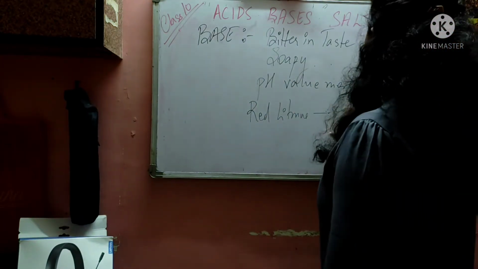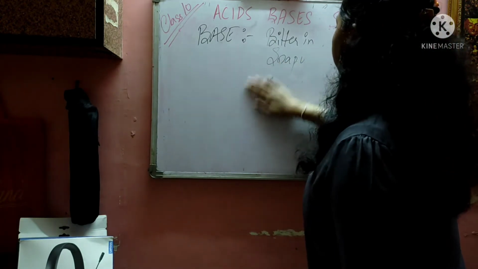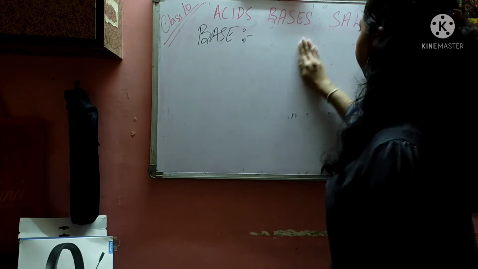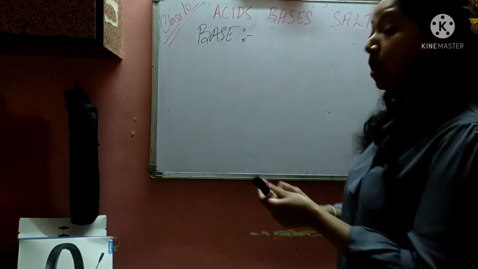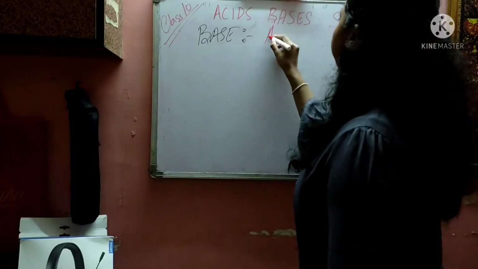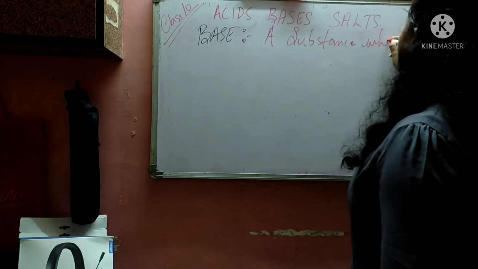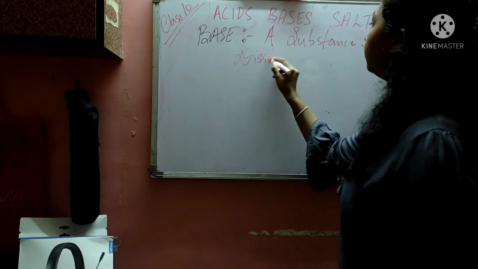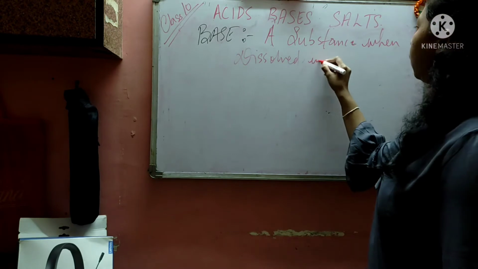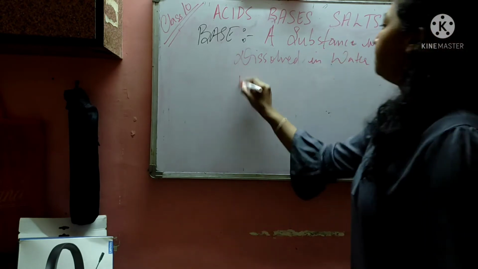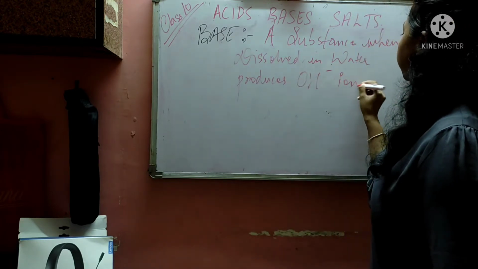Now we'll see how base is defined in chemistry. If they ask you how to define base, base is a substance which, when dissolved in water, produces OH minus ions.